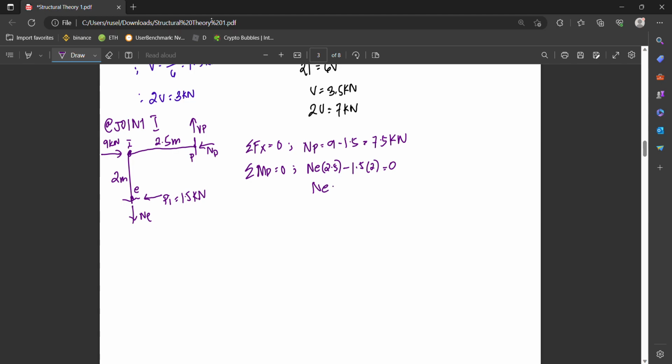Your NE is 1.2 kilonewton. So, summation of forces along horizontal: your shear BP is equal to your NE, which is equal to 1.2 kilonewton. Okay?